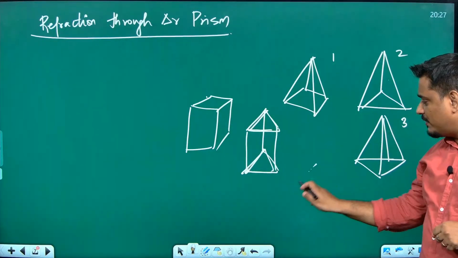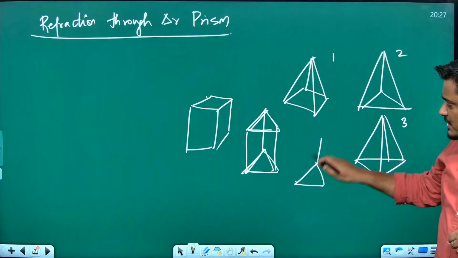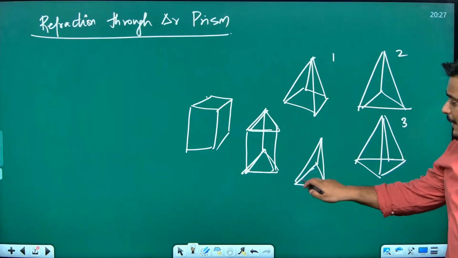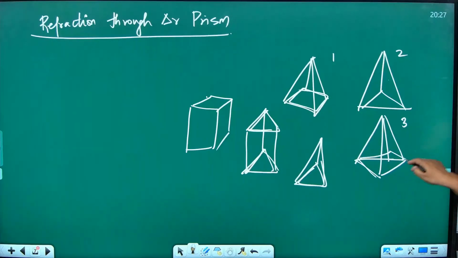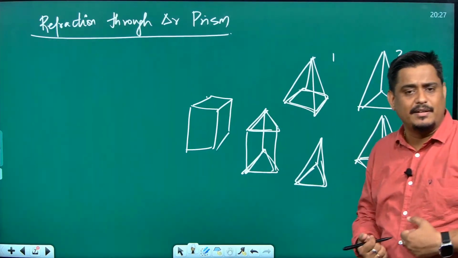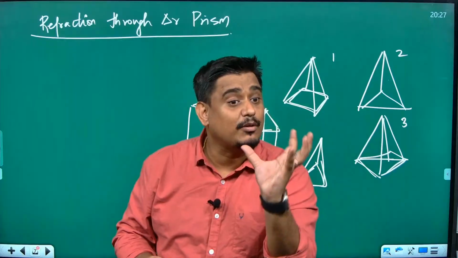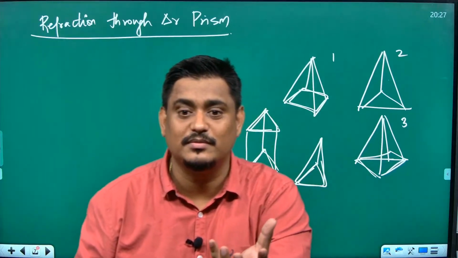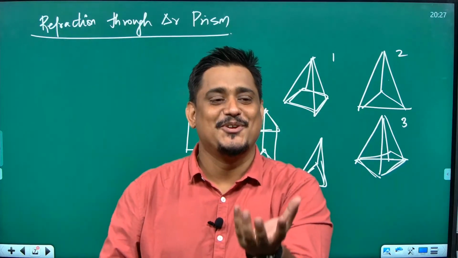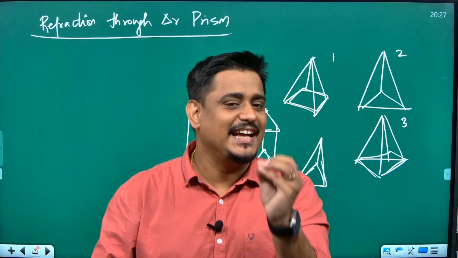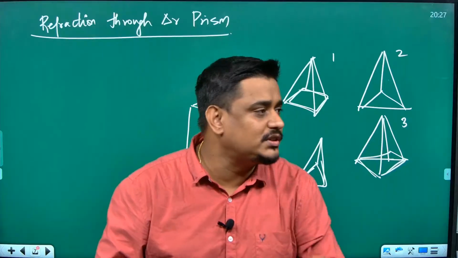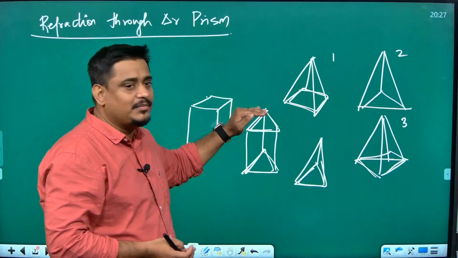When you have a bottom and everything is converging at the same point: triangular based pyramid, square based pyramid, rectangular based pyramid, pentagon based pyramid, octagon based pyramid; a circular based pyramid is a cone. So first of all, understand, prism means any shape whose top and bottom are the same.